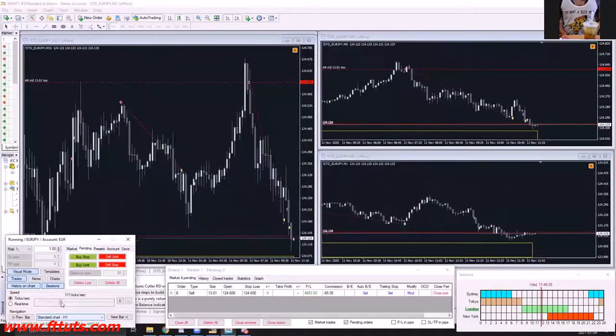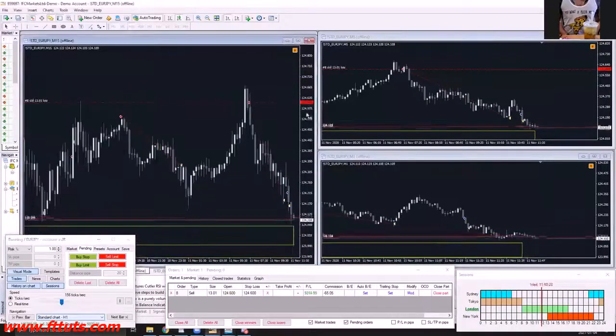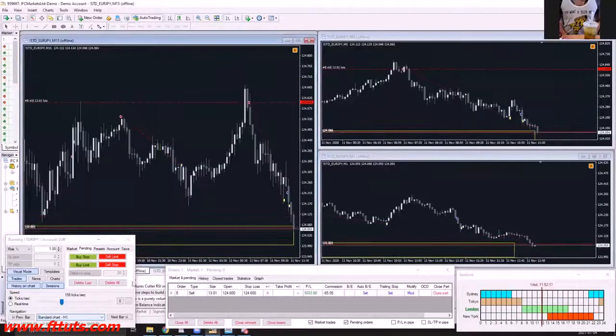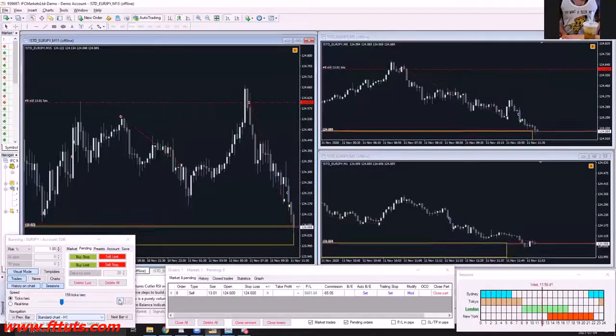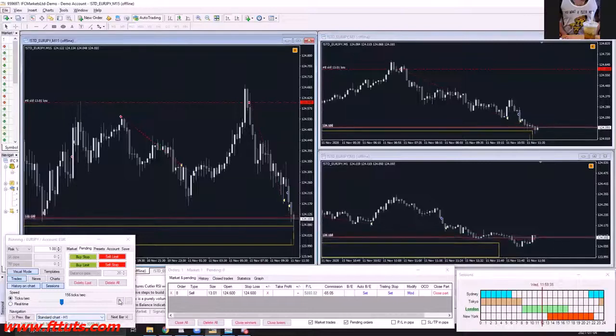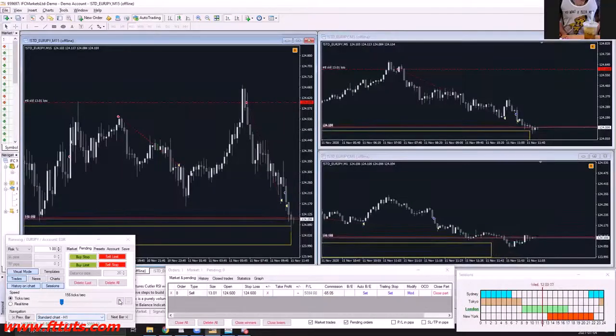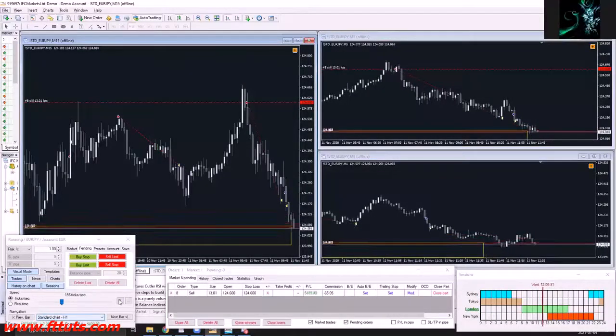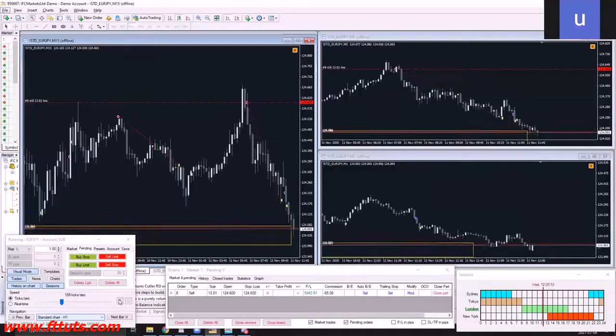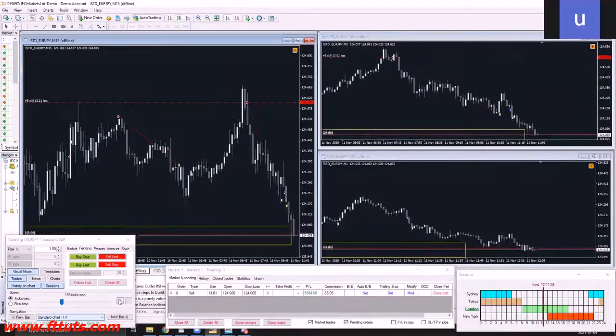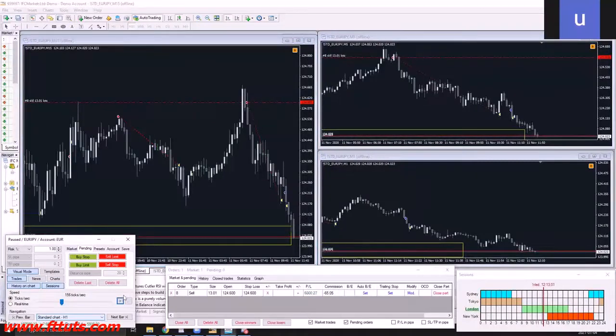Can we speed up a little bit? There you go. So we're in that order block now. Nice. So let's see if we get a 1 minute breaker structure. Something with conviction, right?